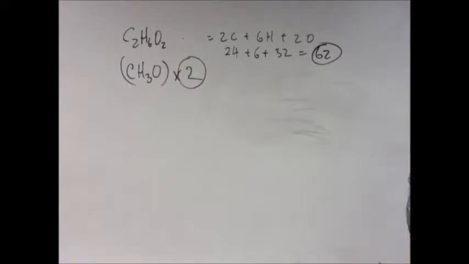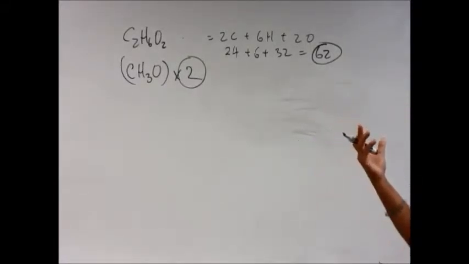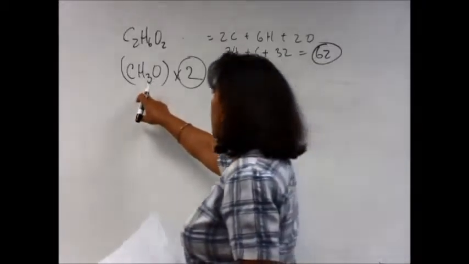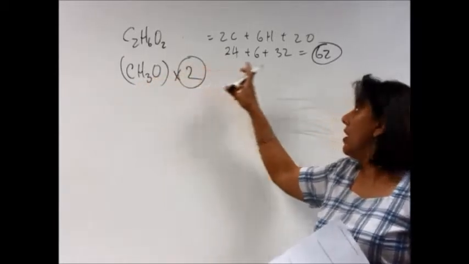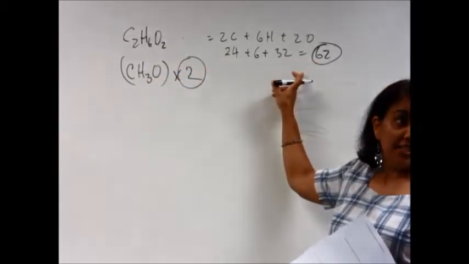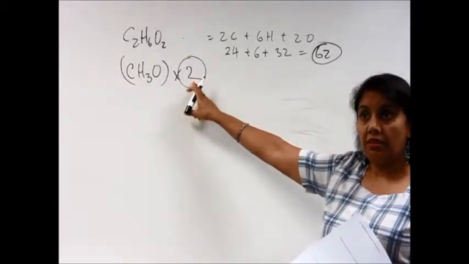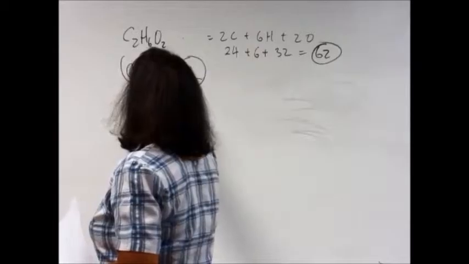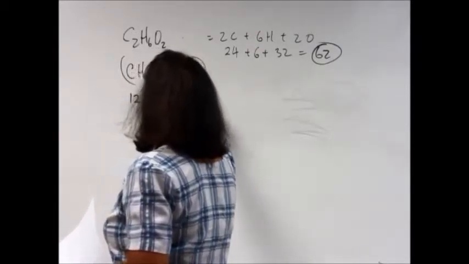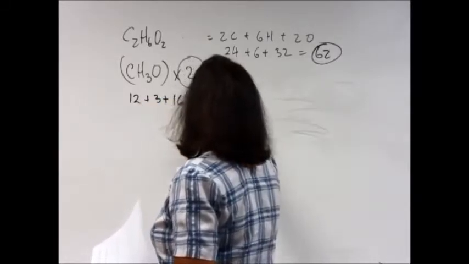I have to tell you that the mass of the actual compound is this much. So the mass of the empirical formula should be half of this, isn't it? Because you had to multiply this by 2. Got it? So 1 carbon is 12 plus 3 and then plus 16, and that is 31.